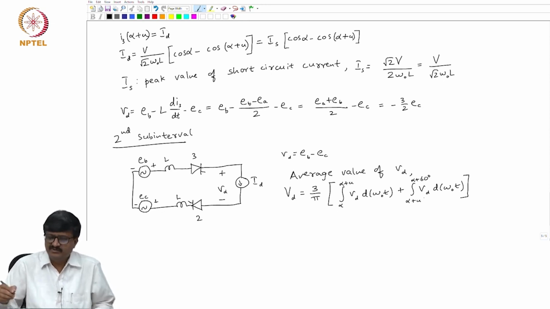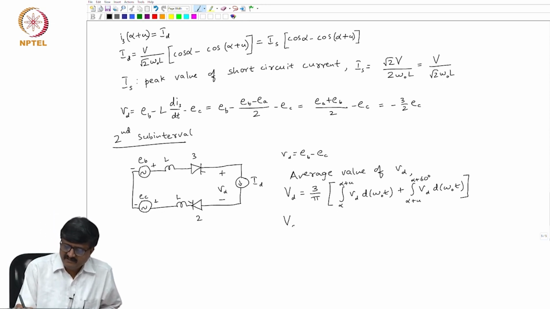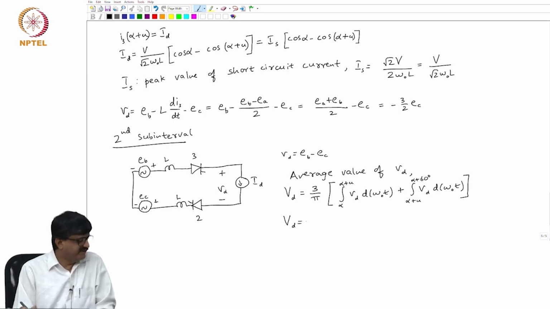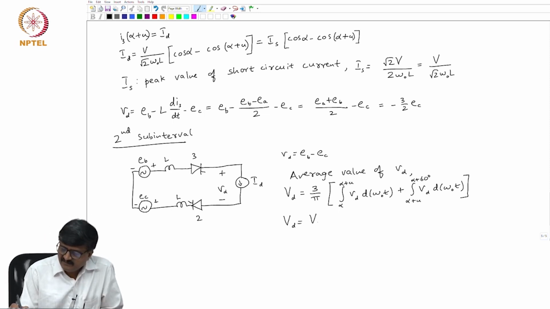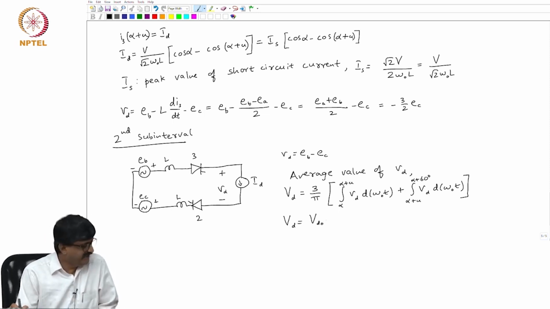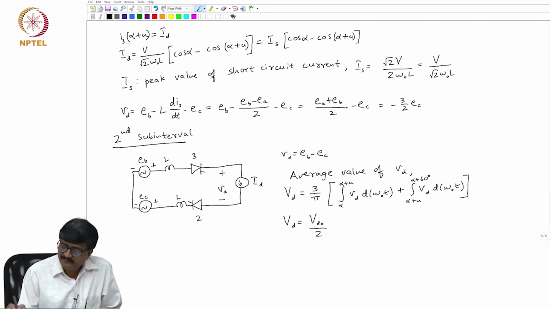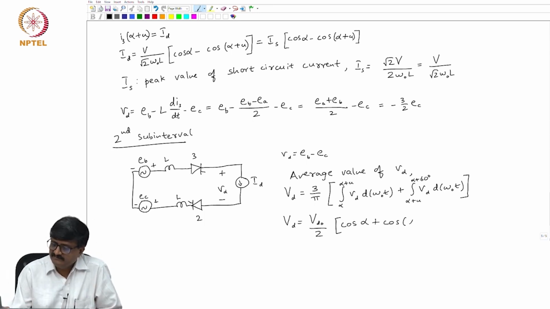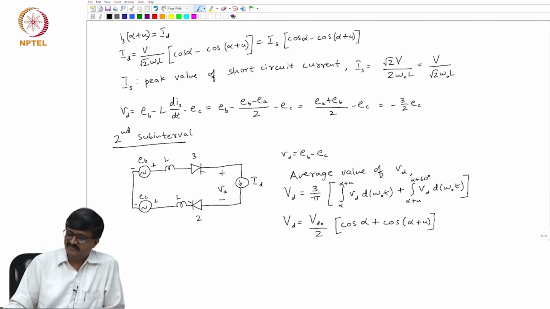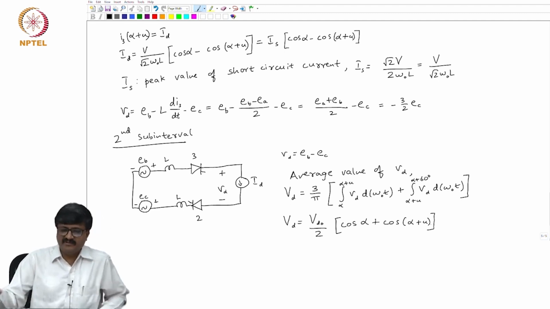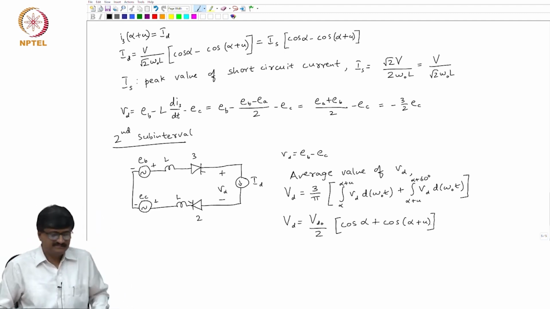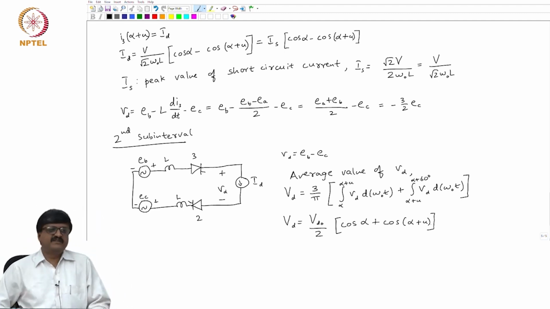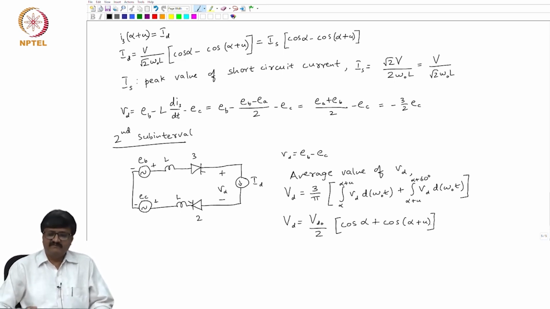So, I will leave it to you to derive that this Vd can be shown to be equal to Vdo by 2 into (cos alpha plus cos (alpha plus u)). So, please derive this after substituting the expression for Vd and then the expressions for EA, EB, EC. Of course, Vdo is the notation which you have been very familiar with. What is Vdo?